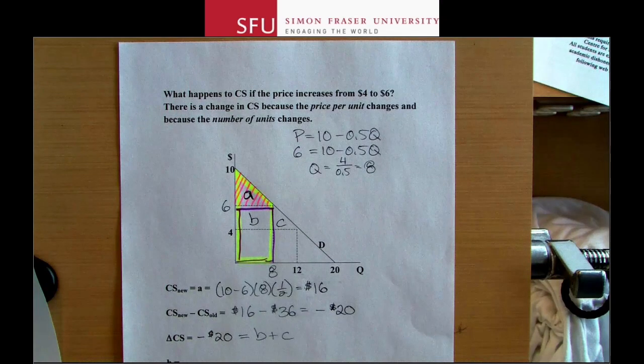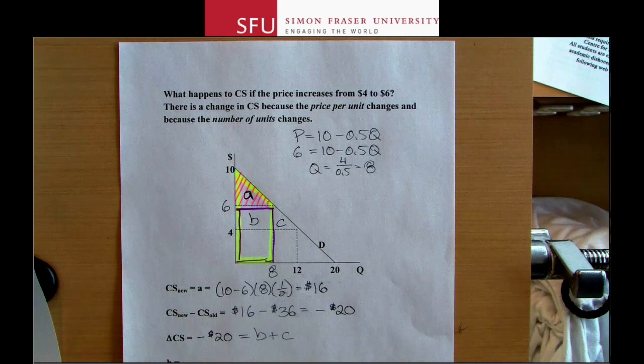So what's happening? Well, for all the consumers, the demand curve tells us what they're willing to pay. So these 8 people here have a willingness to pay that's high enough to cover this price of 6. So they still buy the good. They also, of course, bought it when the price was 4.